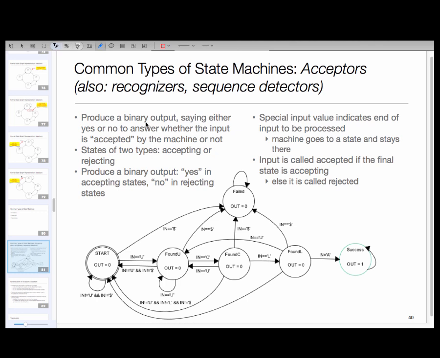Another example: I'm sending you bits, and at any given point in time, if the number you have seen thus far is a prime number, output should be high. If it's not a prime number, output should be low. Or another example, again sending you bits: if the number you have seen thus far is a multiple of 3, output a high at that clock tick.